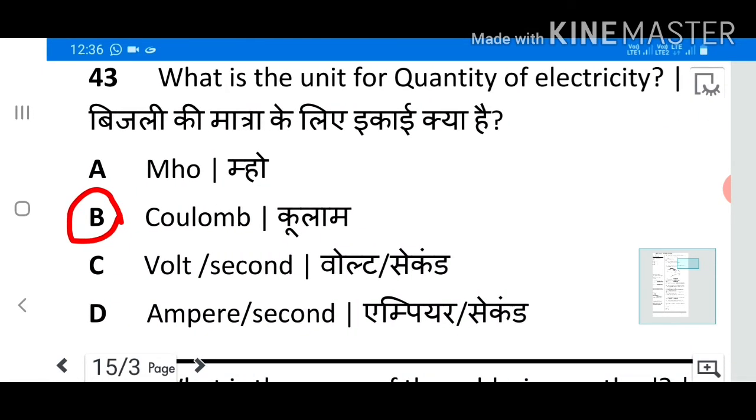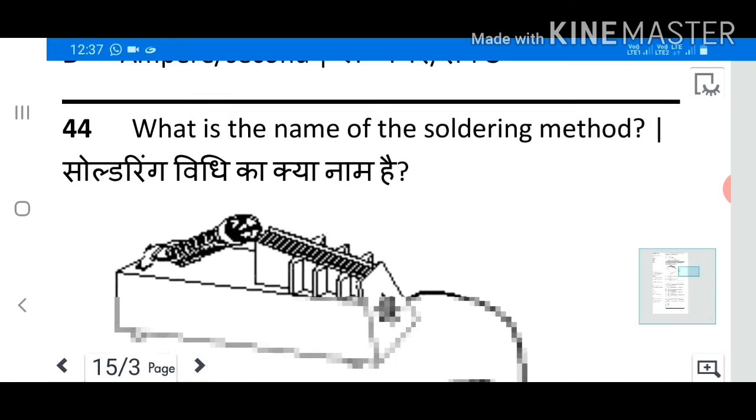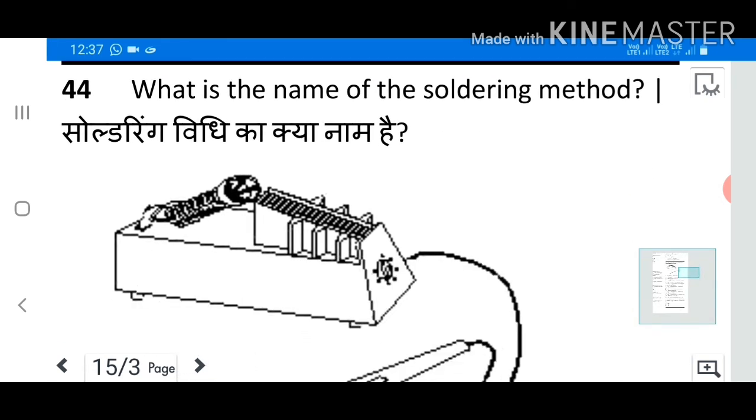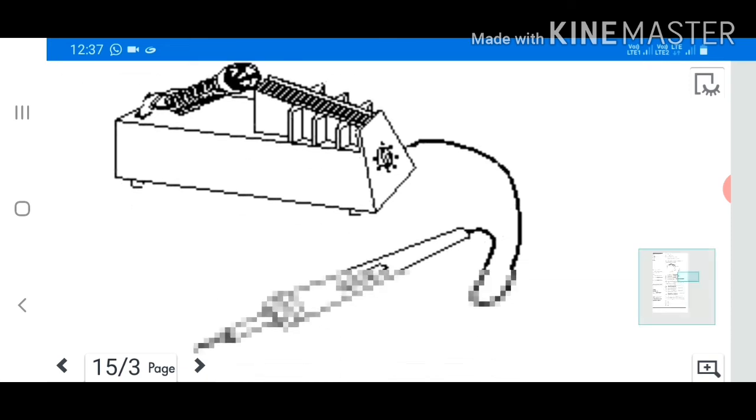43. What is the unit of quantity of electricity? Answer B. Coulomb. 44. What is the name of the soldering method?